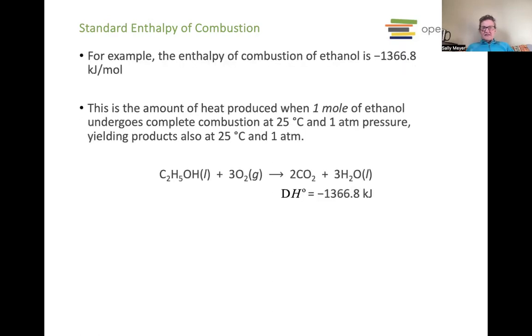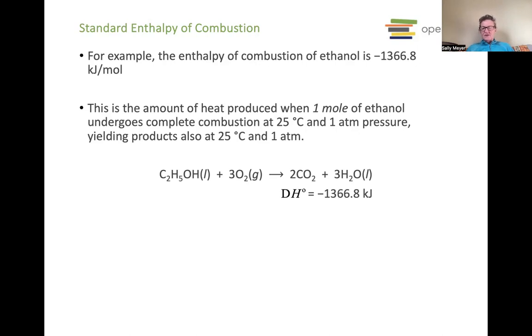So the enthalpy of combustion of ethanol is negative 1,366.8 kilojoules per mole. And so if you were to write it as a thermochemical equation, sometimes their delta works and sometimes it comes out as a D. The thermochemical equation would have the reaction written out for 1 mole of ethanol.